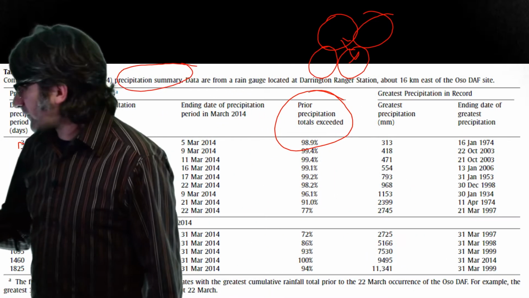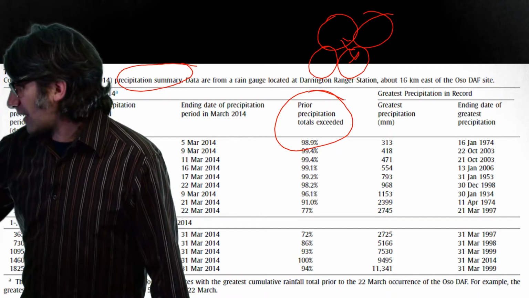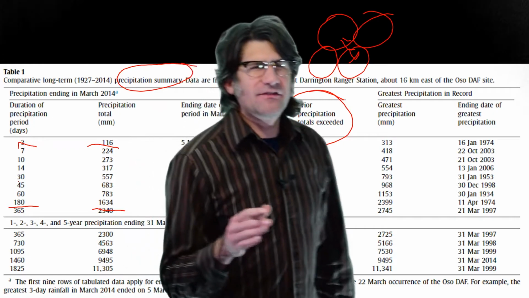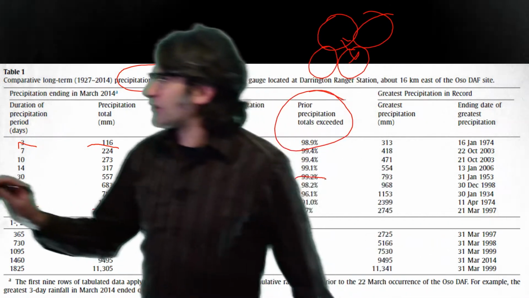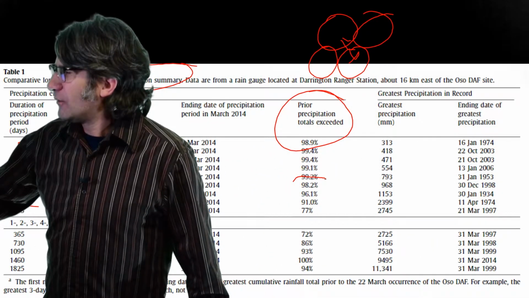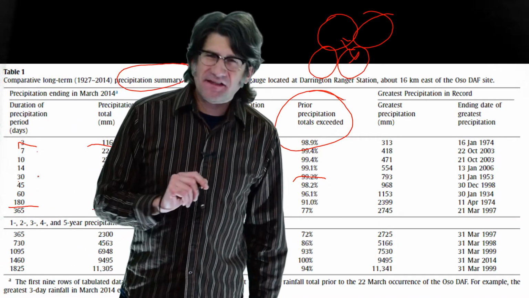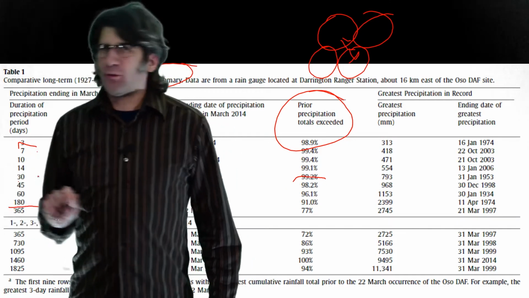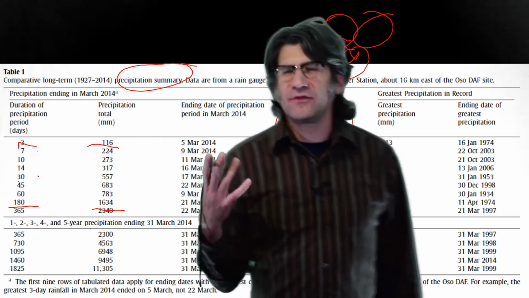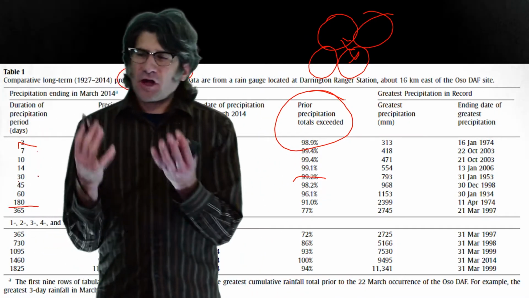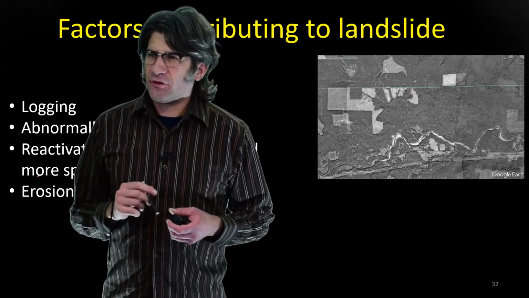And look at this, for our wetness going out a month, 99.2. What we're saying is that this wasn't only an abnormally wet day, week, or month, it was an abnormally wet half year. Highly abnormal. Only maybe 4% of the time do you see wetter conditions. So we had lots and lots of water on the hill slopes.